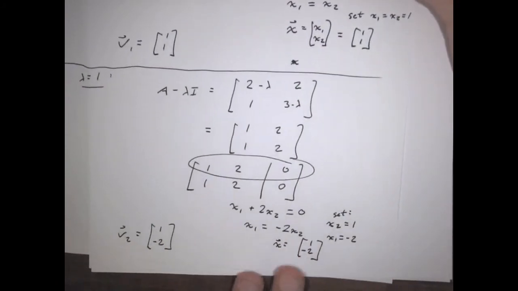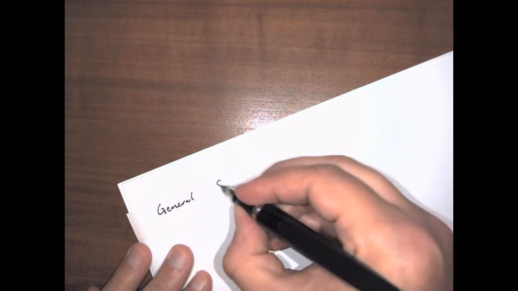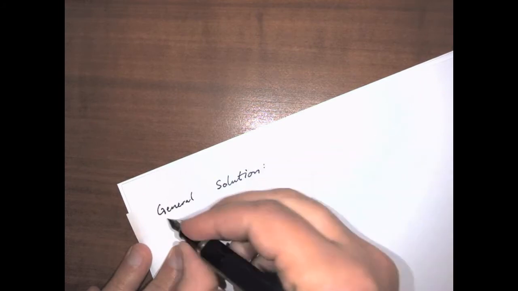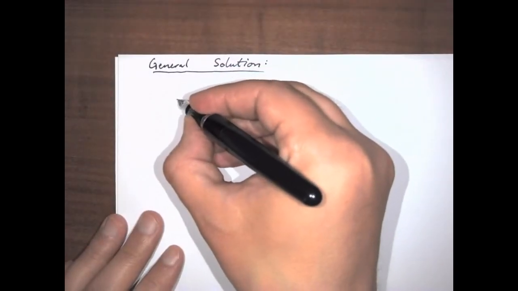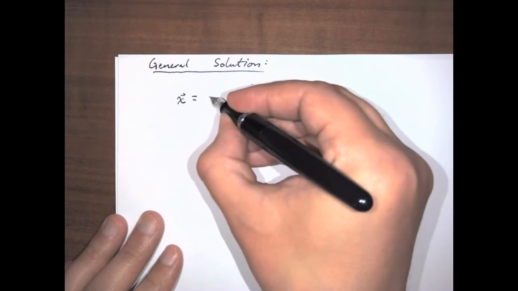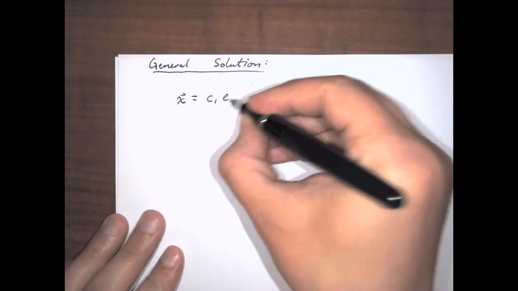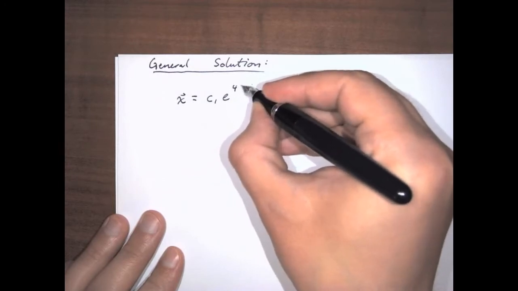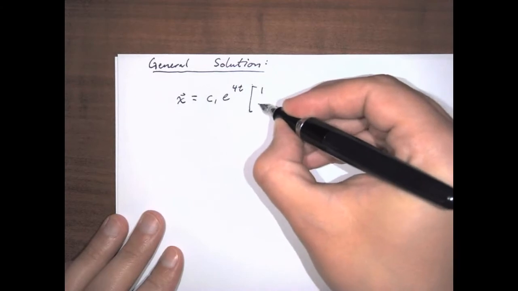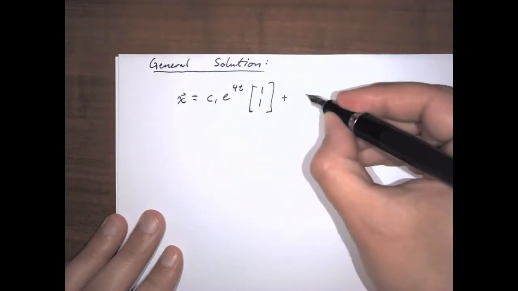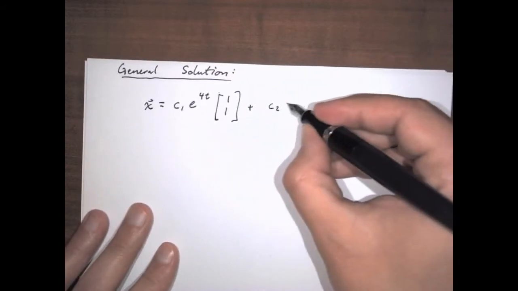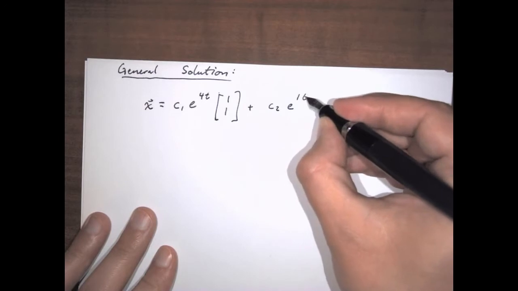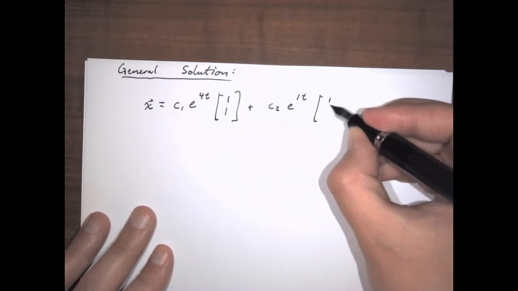And then what that means is that our system has a general solution. The general solution will be x equals some c1 times e to the lambda 1 t, which will be 4t, times the eigenvector 1, 1, plus c2 e to the 1t, or just t, times the eigenvector 1, negative 2.